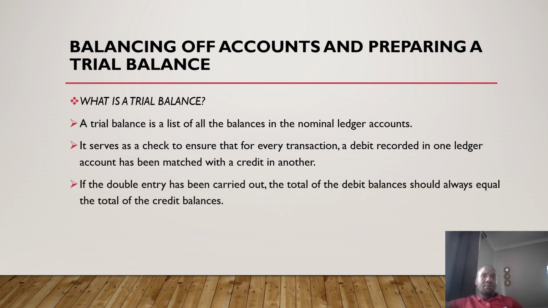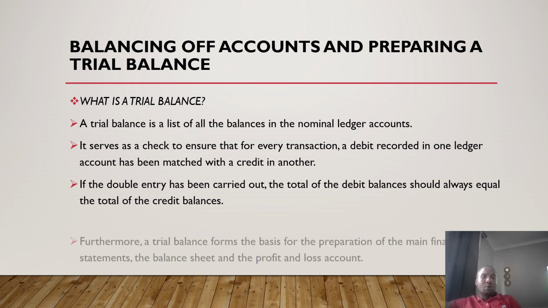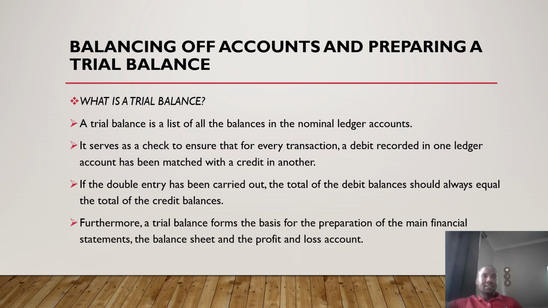This was a basic bookkeeping entry rule. So if the double entry has been carried out, the total of the debit balances should always be equal to the total of the credit balance, and that is exactly what this trial balance says.